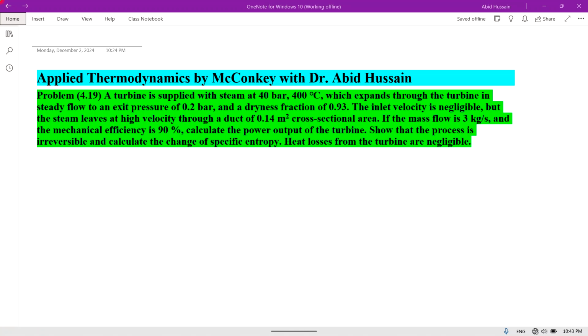In this lecture, we are solving problem 4.19. The problem statement is: a turbine is supplied with steam at 40 bar and 400 degrees centigrade. First we write the given data.